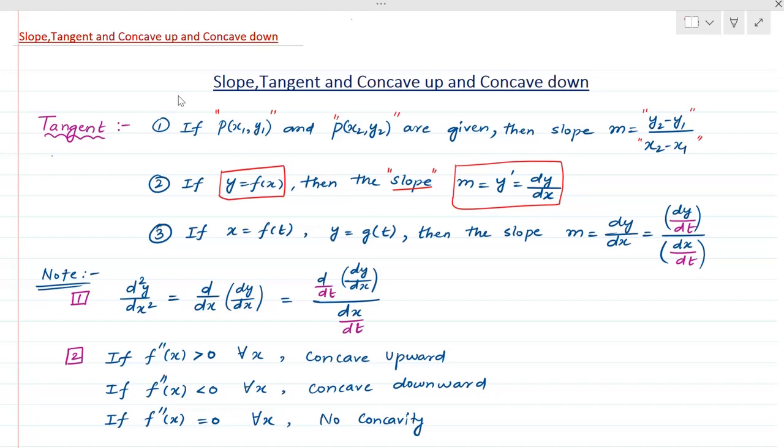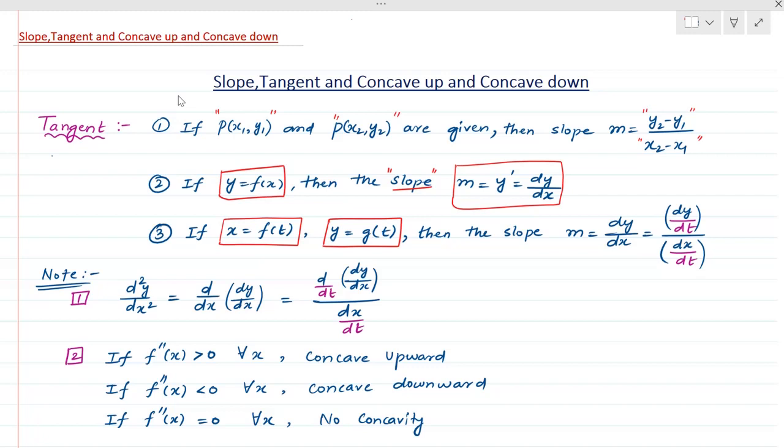Now, in the same case, if it is a parametric equation, x equals f of t and y equals g of t, then how will you calculate the slope? The slope is the first derivative, but how will you differentiate dy and dx? First you have to differentiate y with respect to t and x with respect to t.